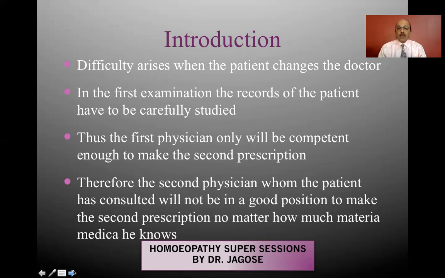The second doctor could have a very good knowledge of materia medica, but still he will not be in a position to examine the patient properly because he doesn't know what first prescription the patient has been given by the first doctor.